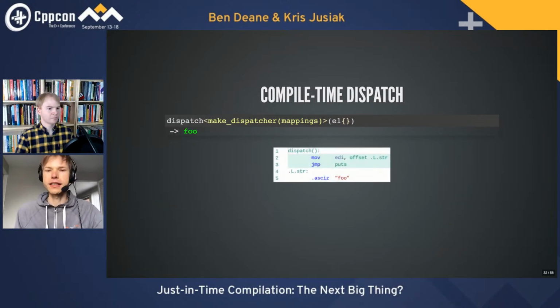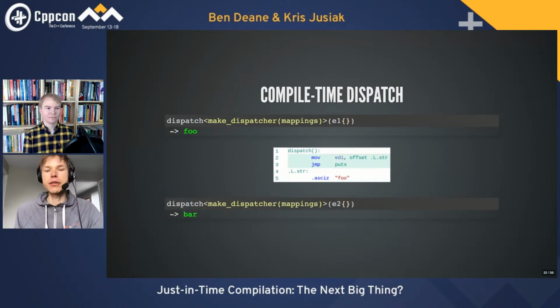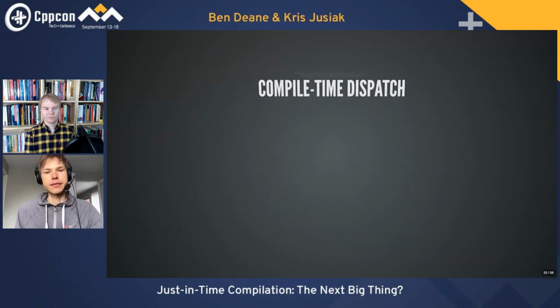And what will be the assembly? That's the performant part of it. It will actually be just a move of foo into the register and a call to the puts function. That's all that has to be done. So it's super efficient. It cannot be even more efficient, right? What about E2? It will call bar, as expected.